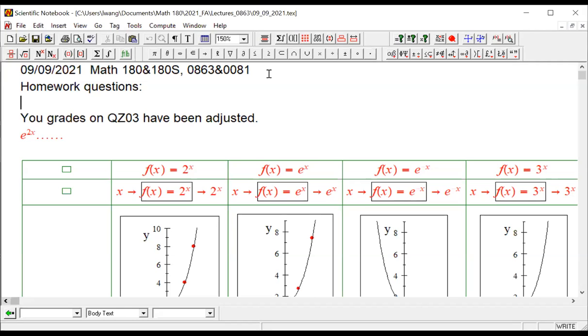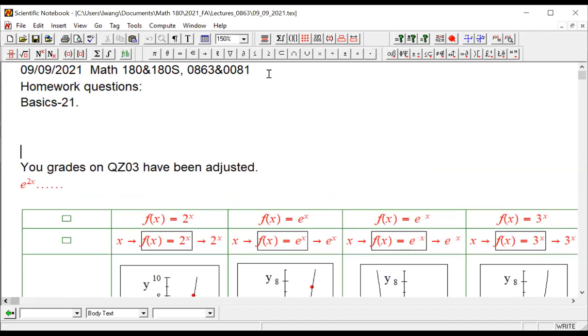Is this a basic what? It was basic 21. Basic 21. Which one? Could you pull up the notes, because the way it was written out was kind of weird. Okay, I understand.